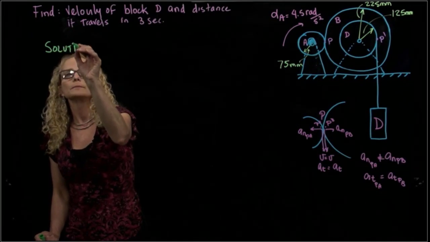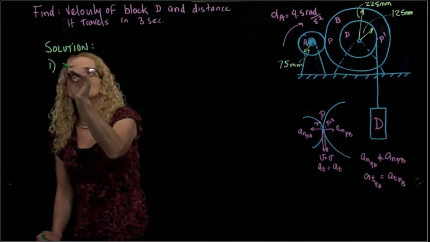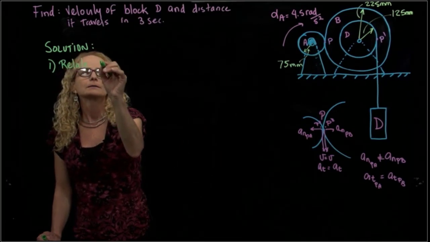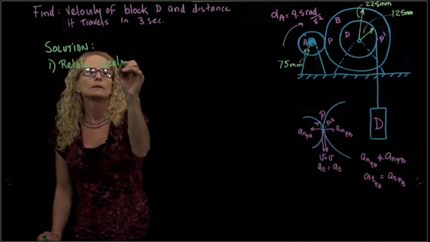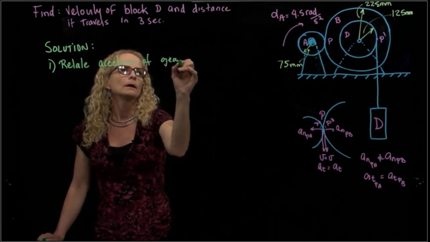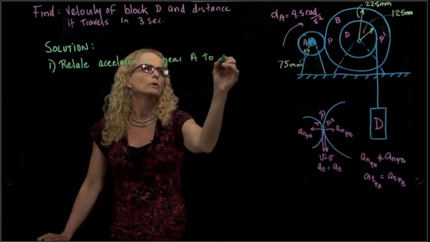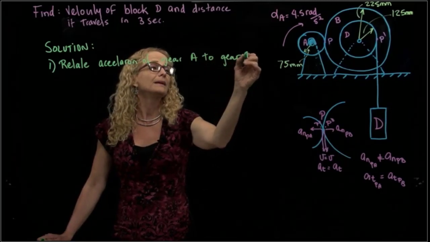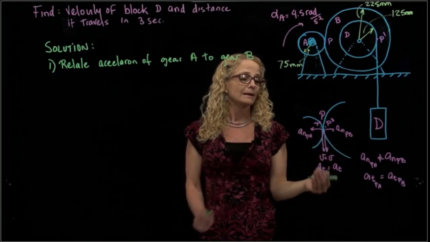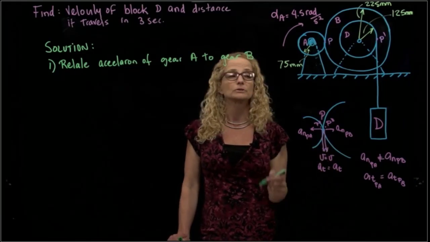The solution, let me write it here. The first step, we will relate the acceleration of gear A to gear B. And I will do it using that statement that I just made, that those 2 tangent accelerations are equal.